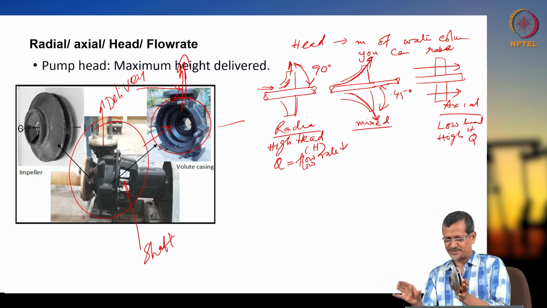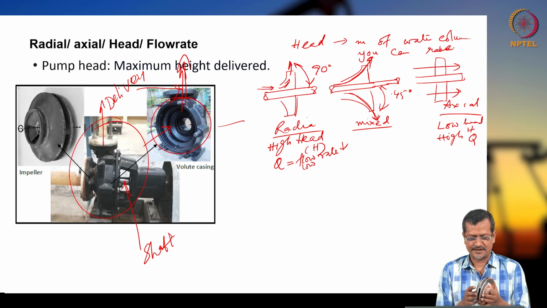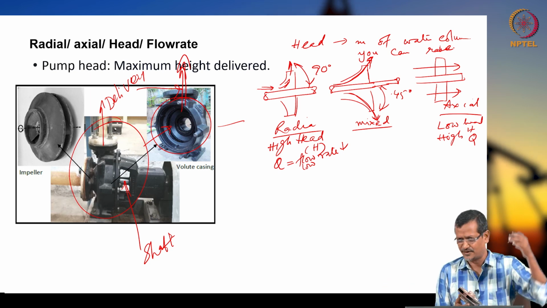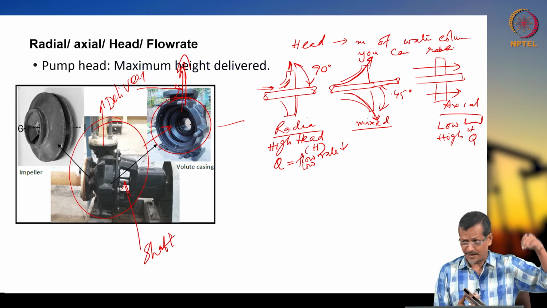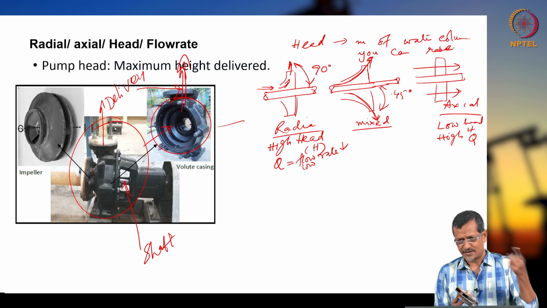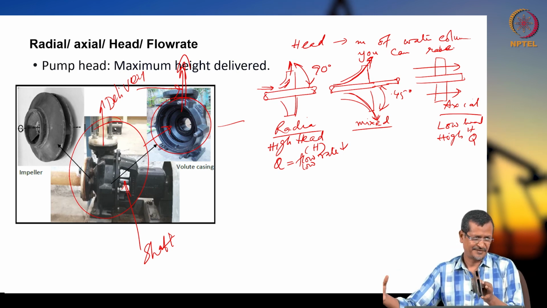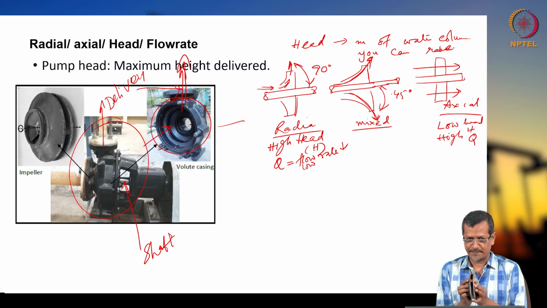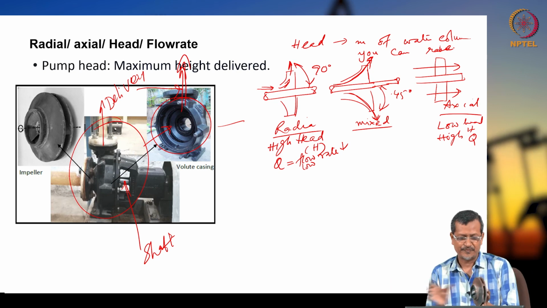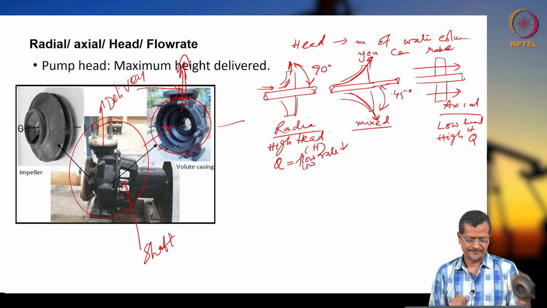With 1 stage, 2 stage, 3 stage, 4, 5 stages, I can make a very high amount of head. In many surface production operation cases, for example hydraulic jet pump and others, you need very high pressure fluid to pump. In that case you can use a reciprocating pump, or in some cases a centrifugal pump with multiple staging. The purpose of multiple staging is to increase the total amount of head. If one gives 10 meter, then 5 means 5 into 10, 50, simple solution.